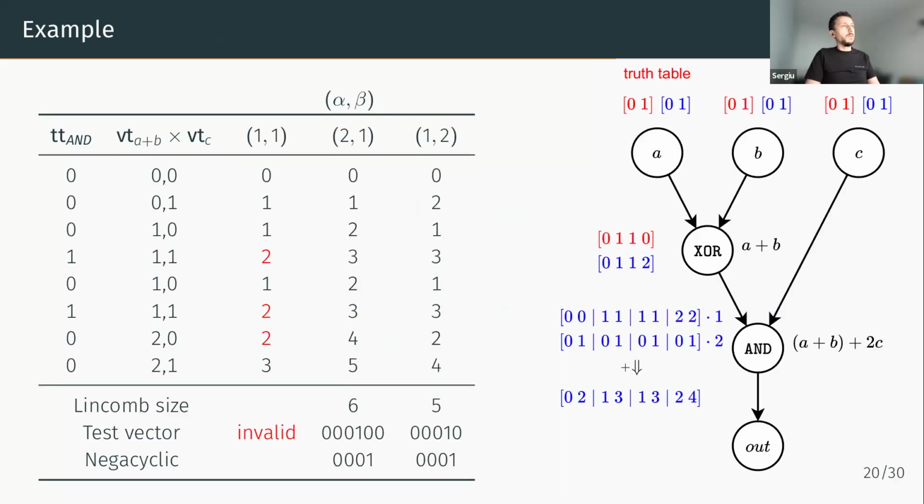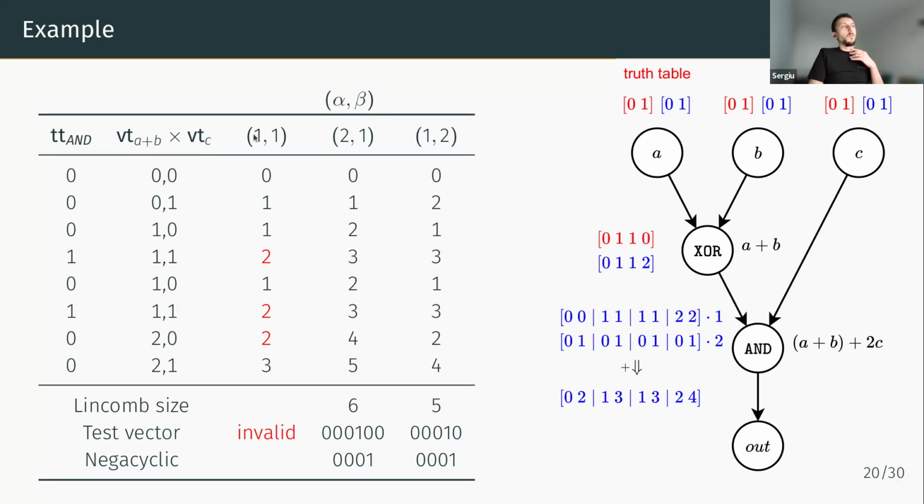Let me give an example. For example, you have a truth table of a node n, which is 0, 0, 0, 1, etc. The second column is the Cartesian product of value tables from the node inputs, A plus B and C. We have all pairs.